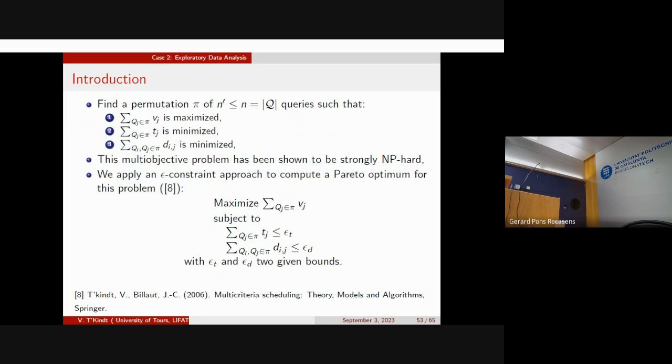Like the decision maker says, well, I don't want to spend more than 10 minutes to run all the queries. Okay, so what can I do with that time? That's the epsilon t. And I also have an upper bound on the total distance. Okay, and what I know from multi-objective optimization theory is that an optimal solution to this problem is a Pareto optimum for my 3 objectives. So it's an interesting solution.